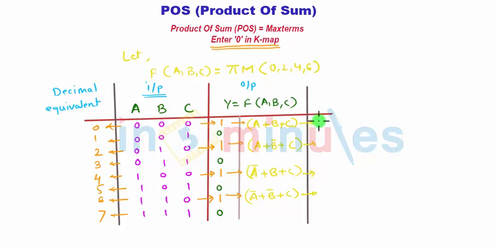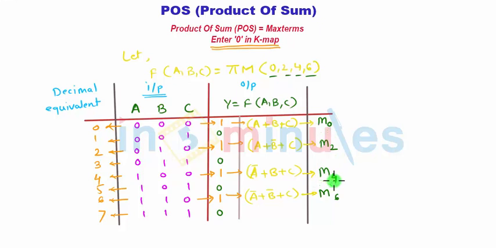So there is a capital M and its decimal equivalent is 0, so it is capital M0. This is the max term corresponding to the 0th location. Since 0, 2, 4 and 6 are present, this will be M0, M2, M4, M6. Likewise there will be M1, M3, M5 bits also present with this.